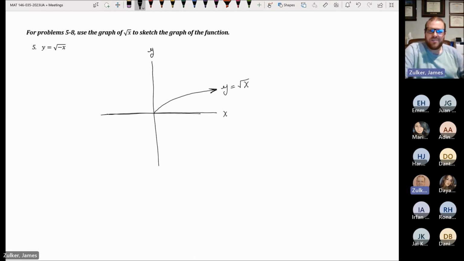Right, that's correct. But why are we multiplying it by itself? The function is square root of negative x.